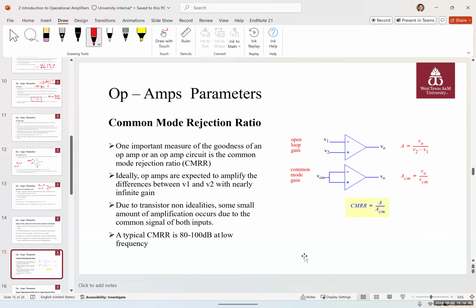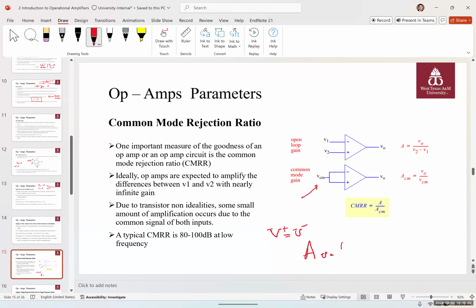The common mode rejection ratio, as I mentioned, the op amp amplifies the difference between the inverting and the non-inverting inputs. So if I connect the inverting and the non-inverting together, then V positive is going to be equal to V negative.